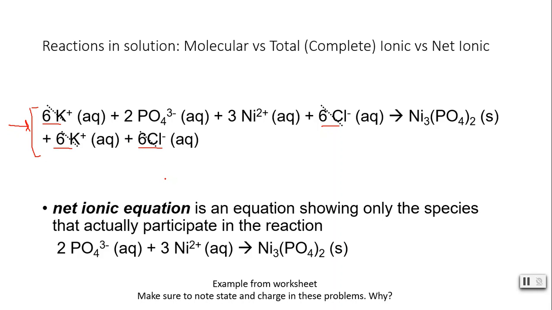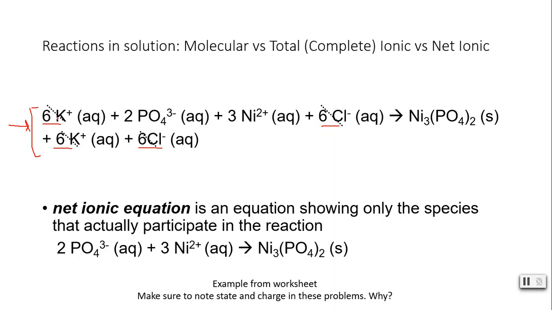So when you have that happen in your total ionic equation, and with the equations we'll be doing in this class, your total ionic equations are almost always going to have some ions that cancel out. When you encounter ions in your total ionic equation that are the same on both sides of the equation, number, charge, and state, then they cancel out.